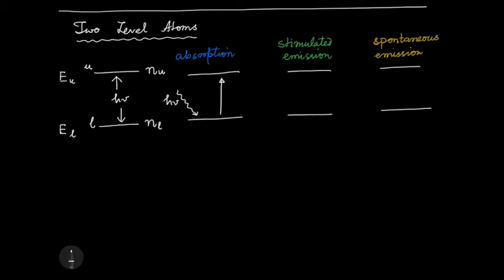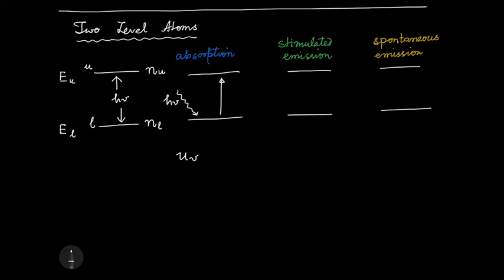So what will it depend on? It will depend on the radiation, because it's a process which is induced by radiation. This is one of the types of process we talked about in the last lecture. So let me write a radiation energy density here. It will depend on the radiation energy density.